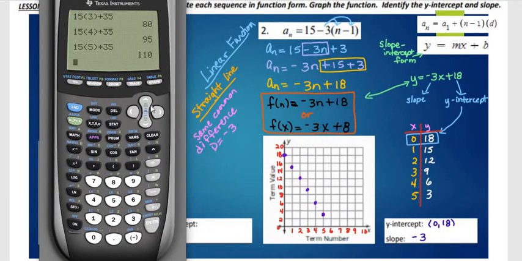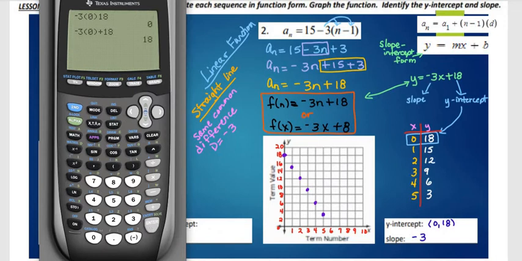We're going to take this right here and say -3 times 0 plus 18, and that gives me 18.